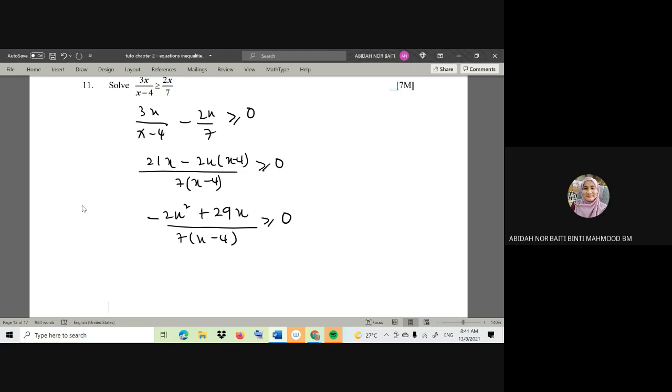Then what do we do at the numerator? At the numerator we factorize.